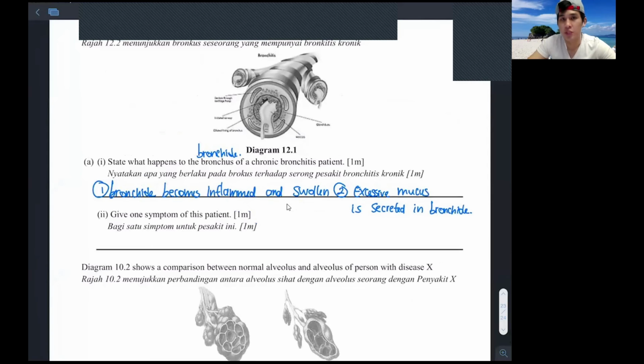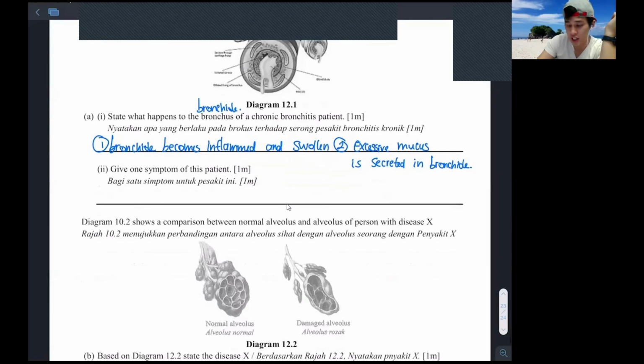One symptom of this patient: what will this person feel? If your air passage is swollen and there's a lot of mucus, the most common thing this person will experience is a lack of oxygen, like gasping for air. So the most common thing we will say is difficulties in breathing.